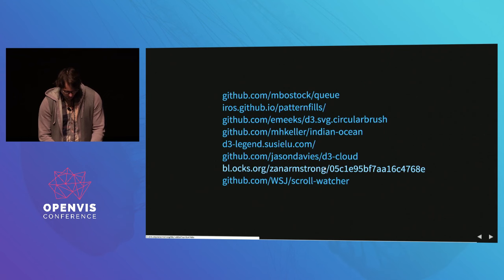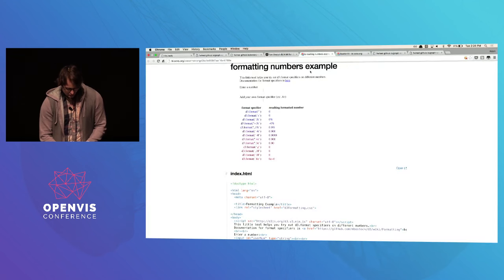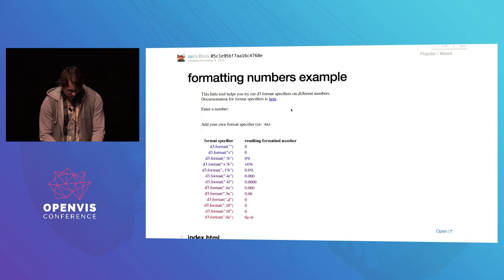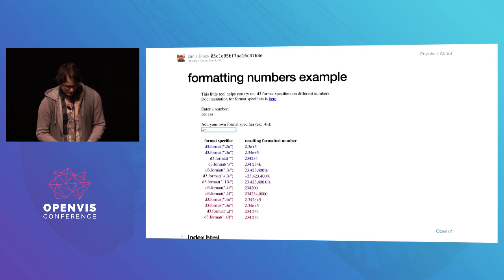And you don't have to be afraid of making these. I was just talking to Zan, and she made this super useful tool: you type in your number, and you type in your format specifier, and it shows you how it's formatting. So it makes it so nice to figure out how you need your number to be formatted.